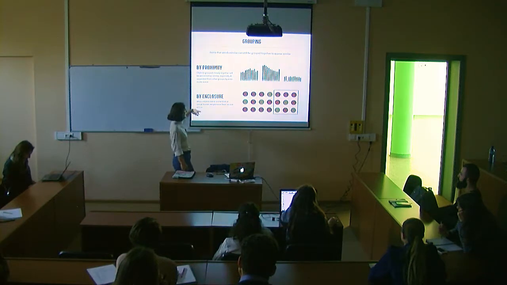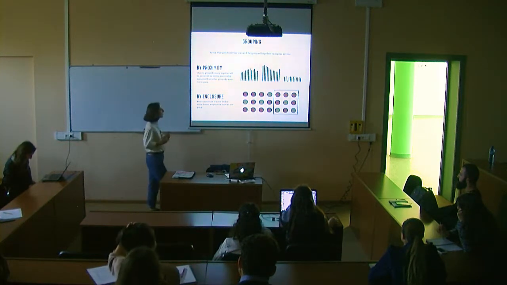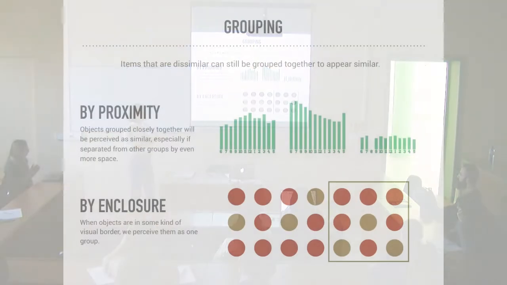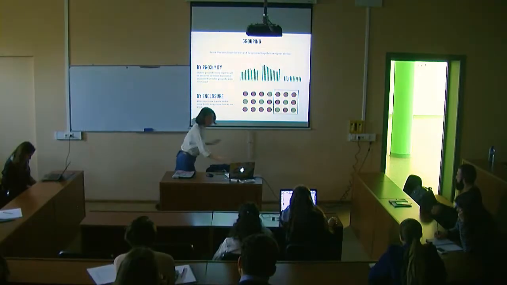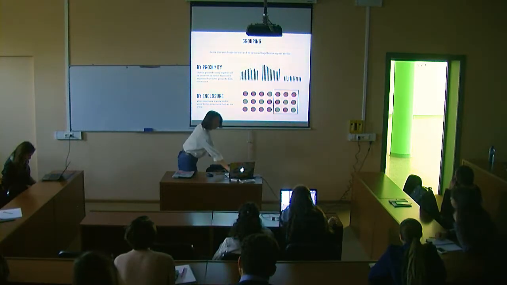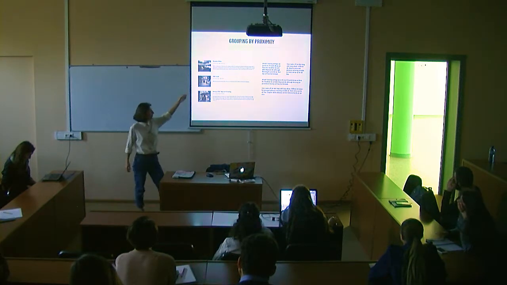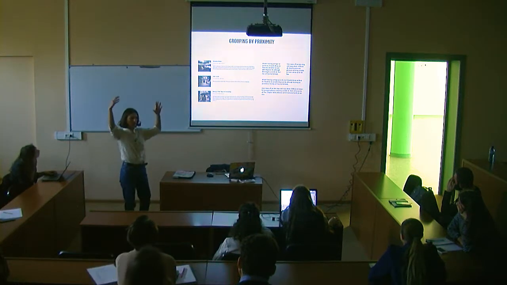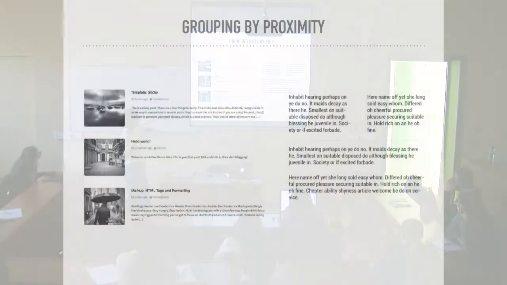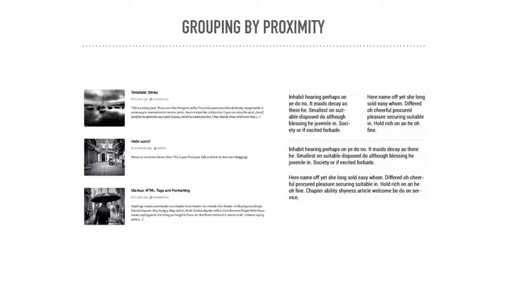So another principle of how we group things is enclosure. If we enclose some objects together, our brain takes them as grouped objects, similar objects. For example, we use this principle in texts, in arranging the blocks in the design in general.